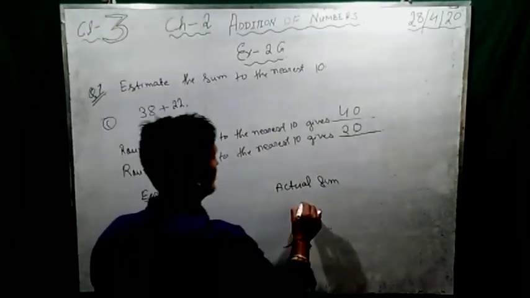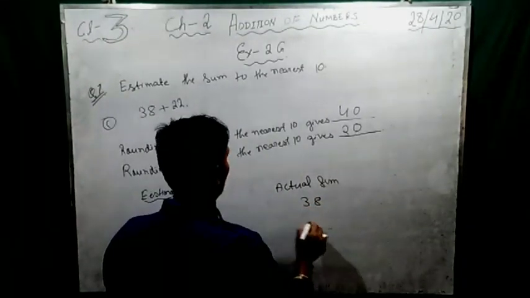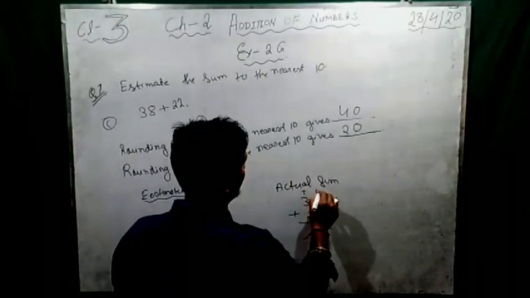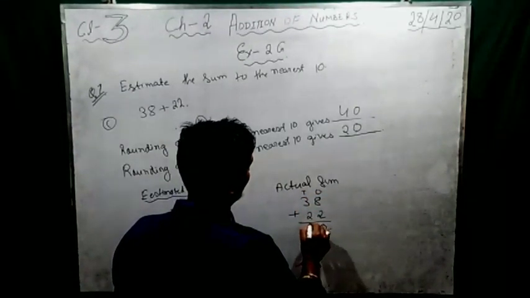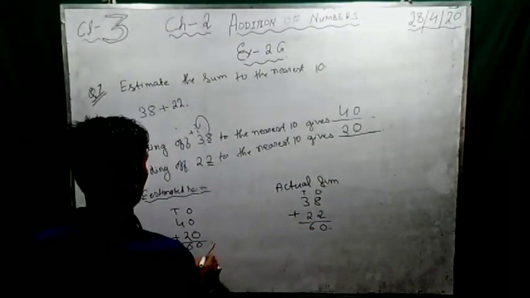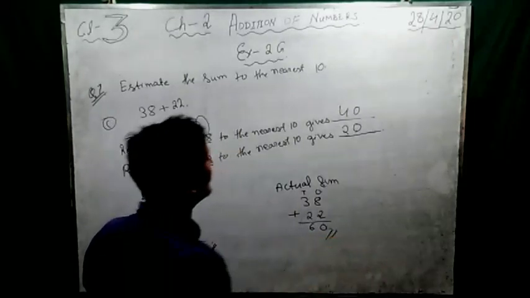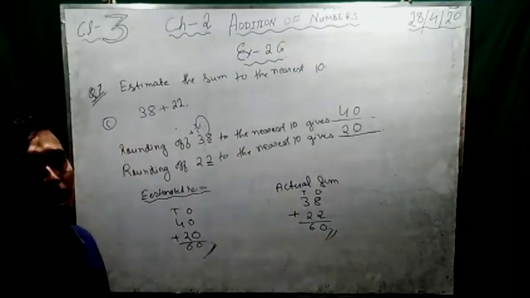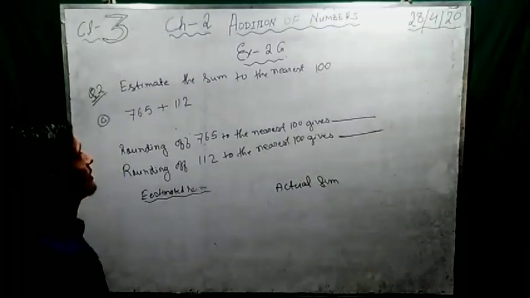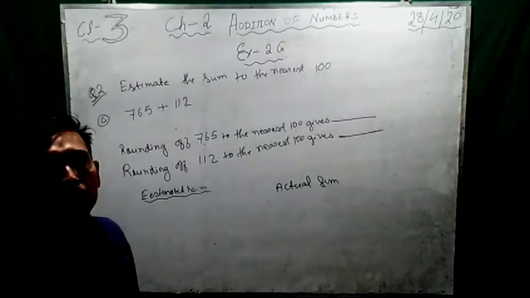And actual is 38 plus 22. So done. The estimated sum is 60 and the actual sum is also 60. Clear? Clear, students? Okay.